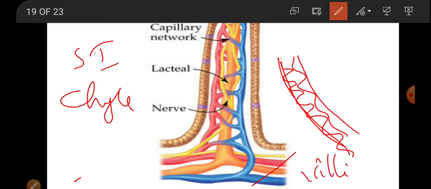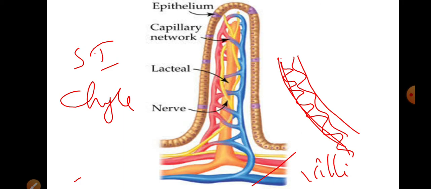These finger-like projections we are calling villi, or if it is a single one, a villus. This villi is richly supplied with capillaries. The outer layer of the villi contains a layer of epithelium cells. Squamous epithelium cells are present here.